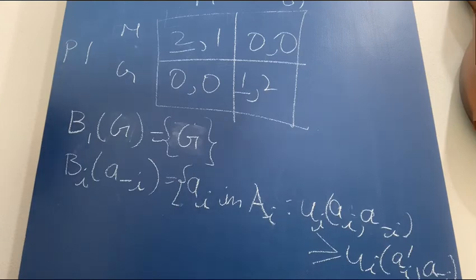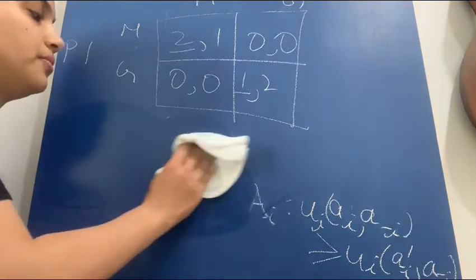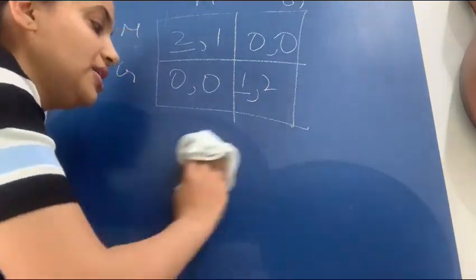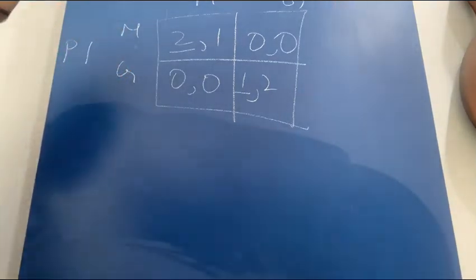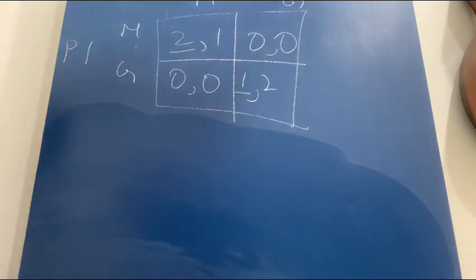If we read it from the book, it's proposition 36.1. It says the action profile a star is a Nash equilibrium if every player's action is a best response to the other players' actions. So what does it imply? A Nash equilibrium is simply that action profile in which every player is playing their best response.